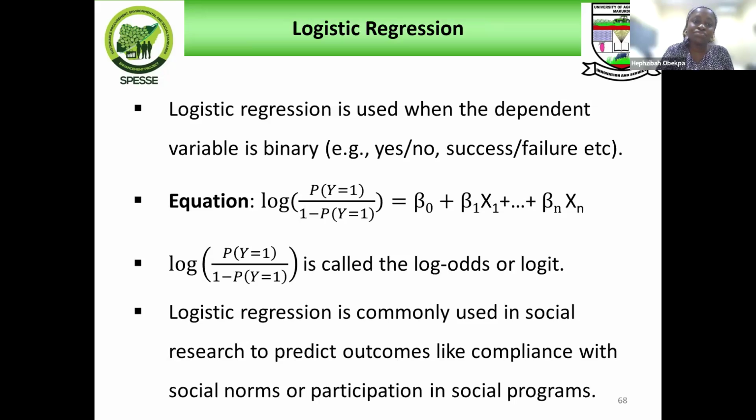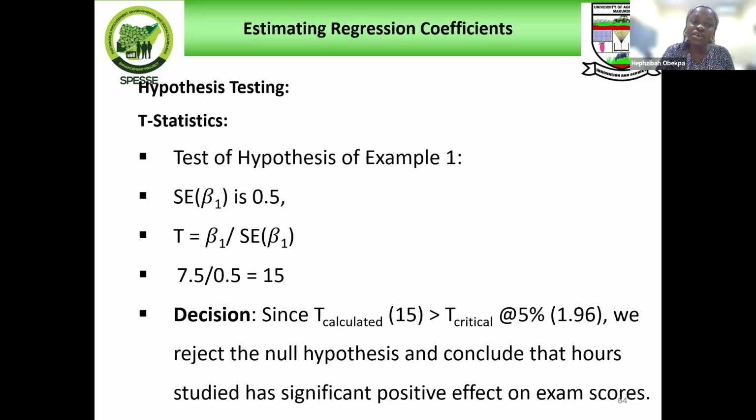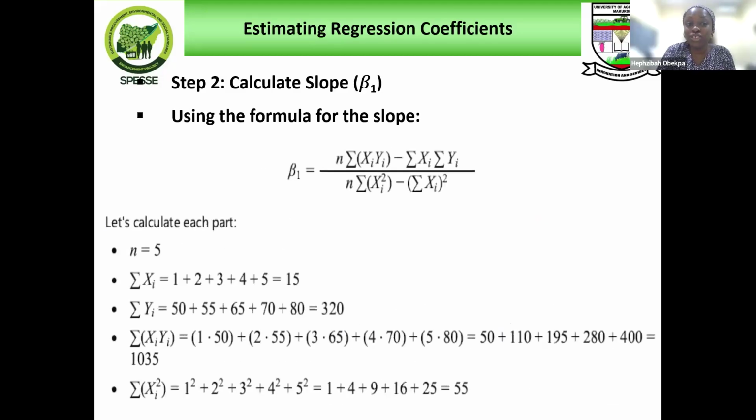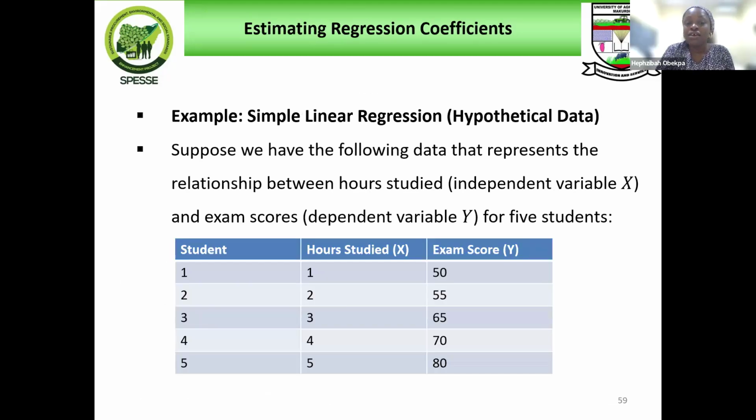Now, for regression, one thing I forgot to mention at the beginning is, for simple linear regression or multiple linear regression, when do you know when to use which? Because there are different types of regression.